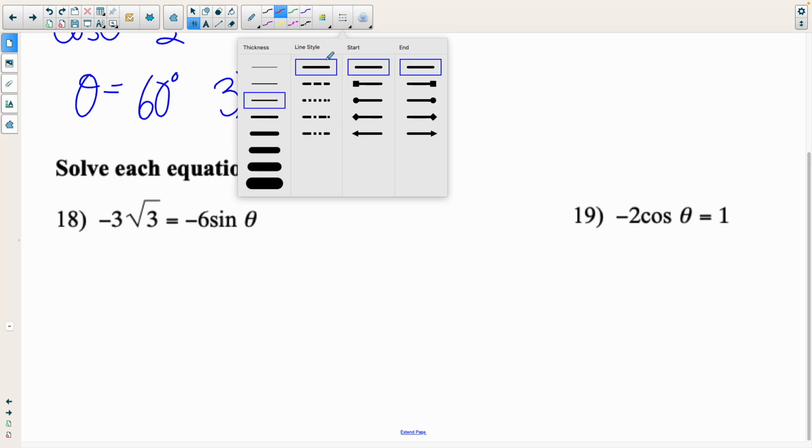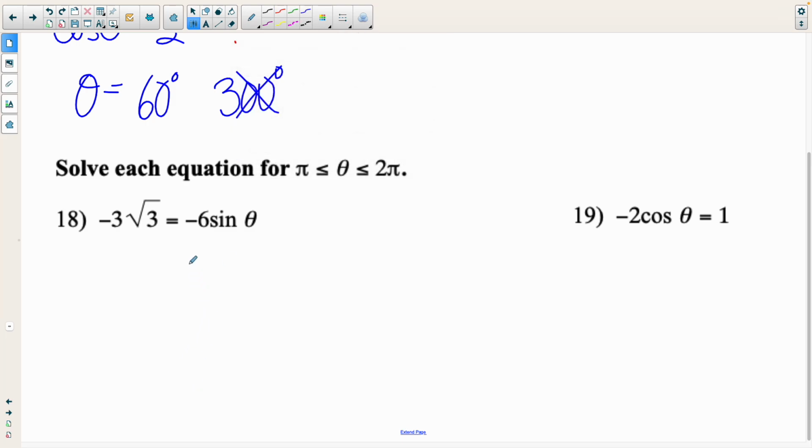So I gotta divide out -6. And then you can see that I have things I can simplify on the outside of the radical here. That's going to simplify to 1/2, which is just going to be √3/2.